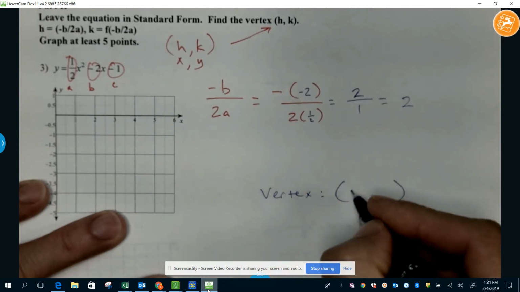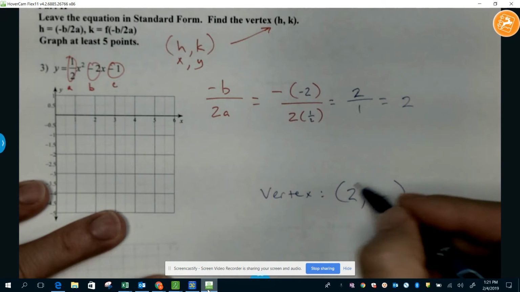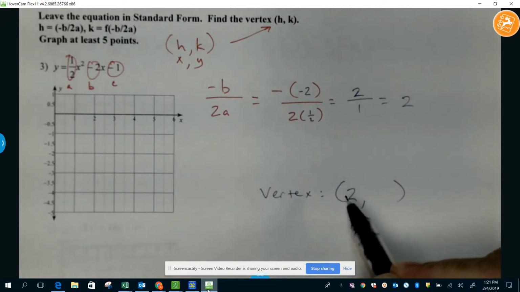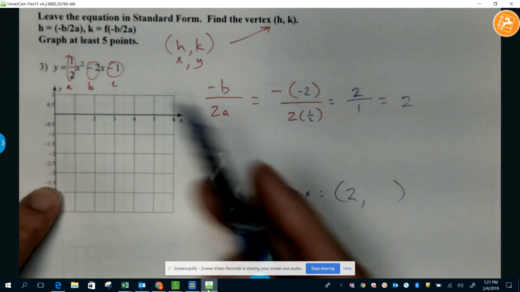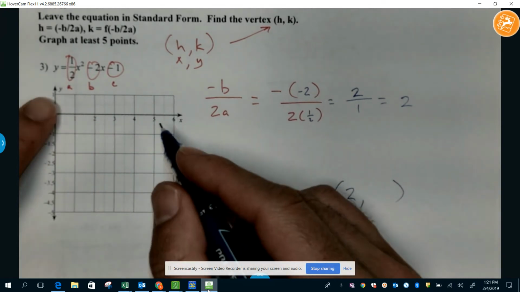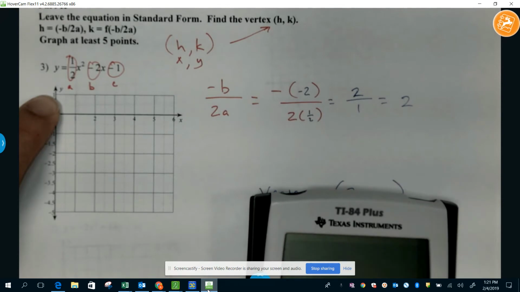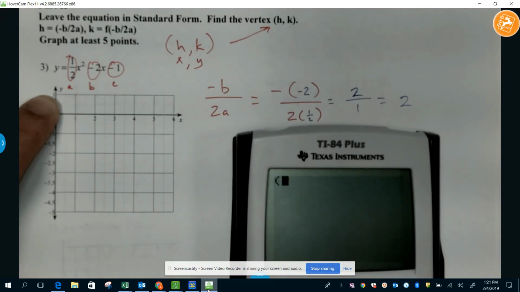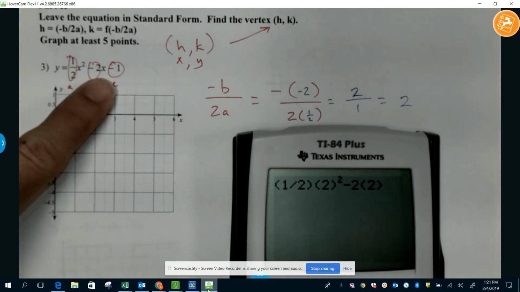The h value is the same thing as the x value of your vertex, 2. Now, how do you find the y value of your vertex? Well, take that 2, since I know the x, and plug it back into the original equation. So I'm going to use my calculator for that. I've got 1/2 times x squared, so times 2 squared, minus 2 times x, so 2 times 2, minus 1.